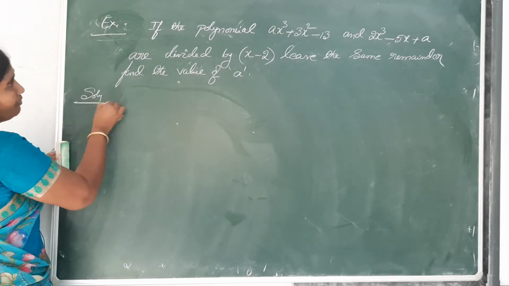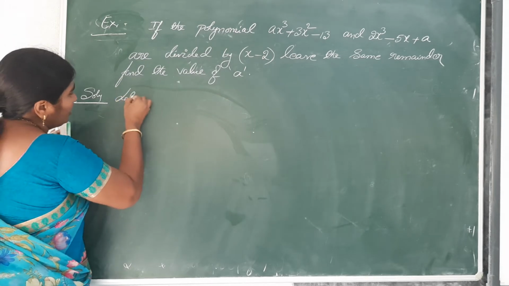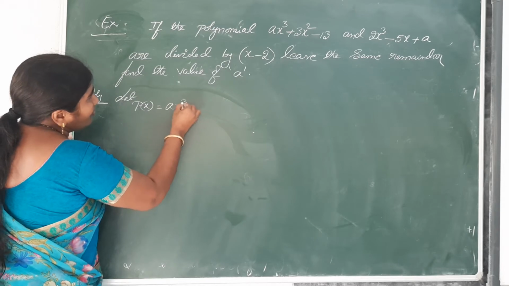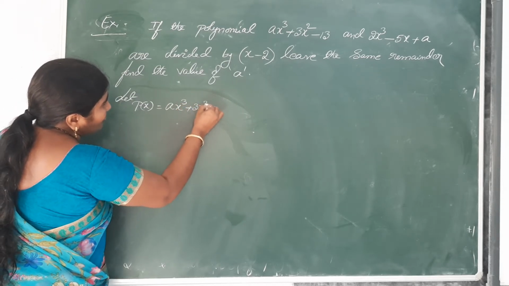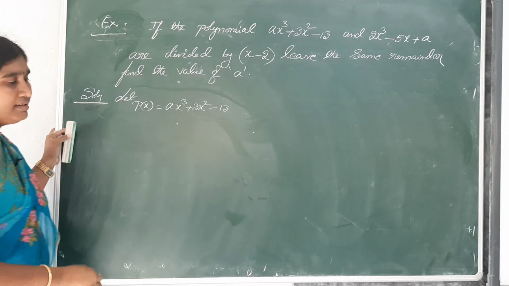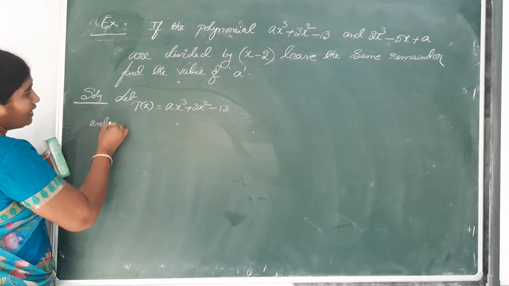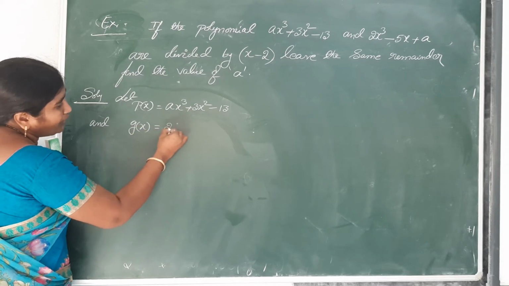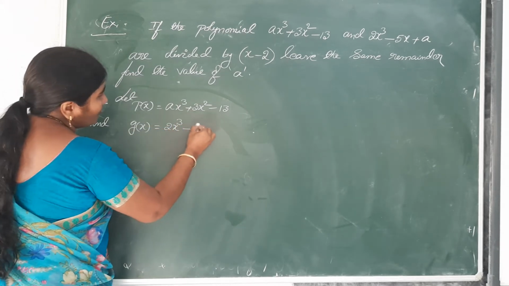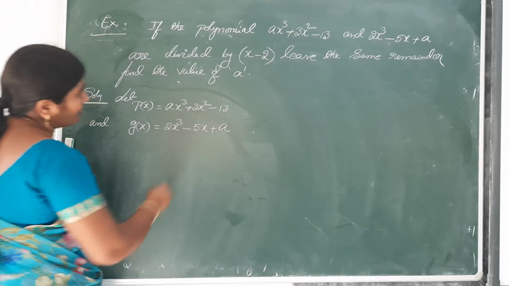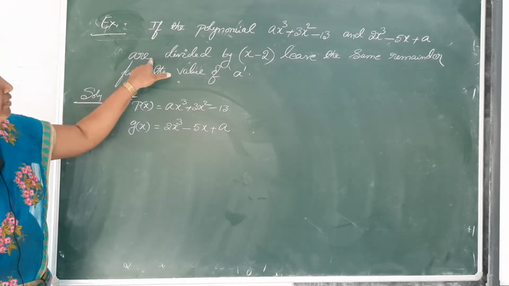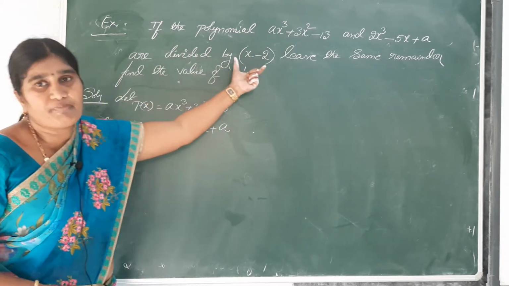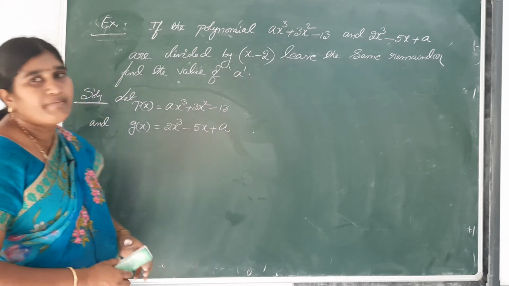Solution. Let p of x equal ax cube plus 3x square minus 13 and another polynomial g of x equal 2x cube minus 5x plus a. The polynomials p of x and g of x, when divided by x minus 2, leave the same remainder.